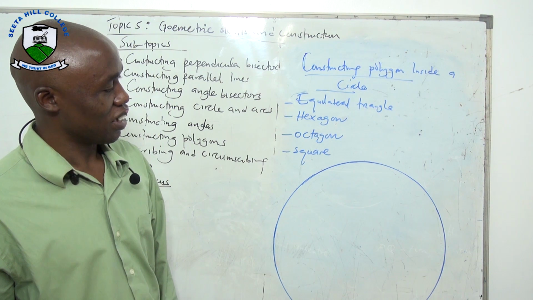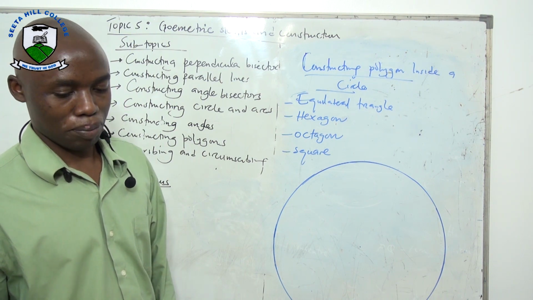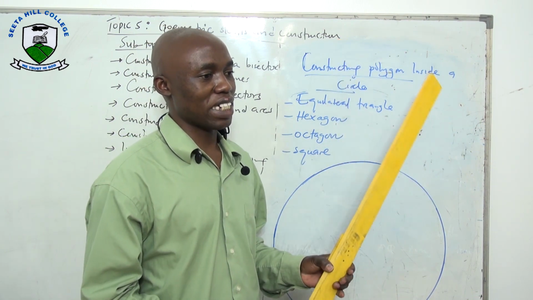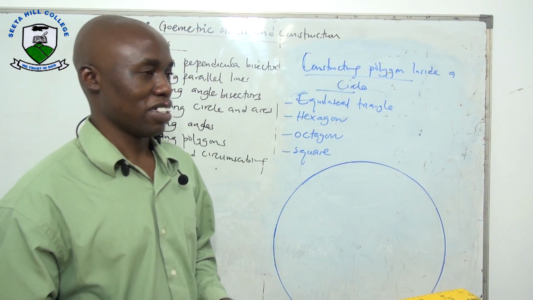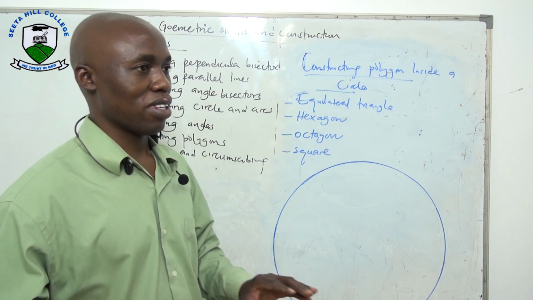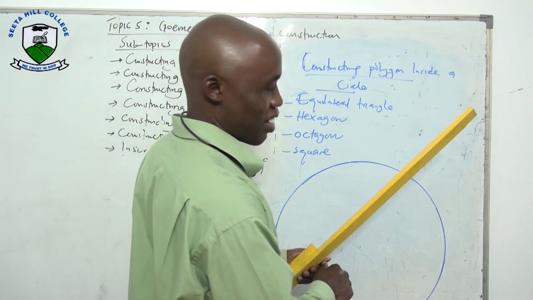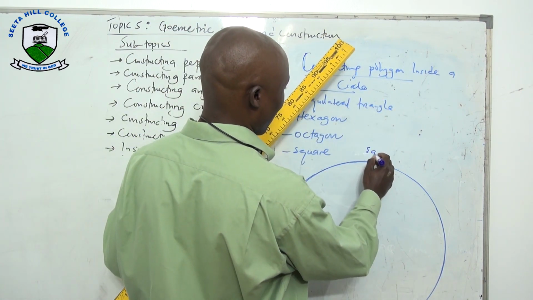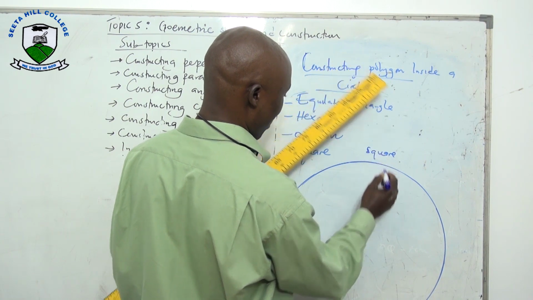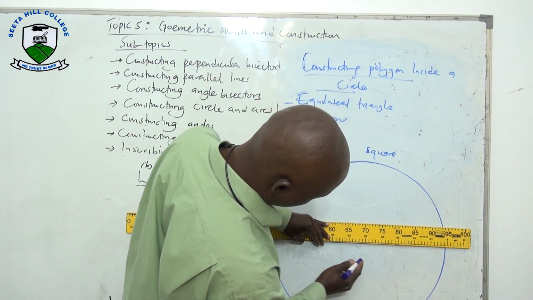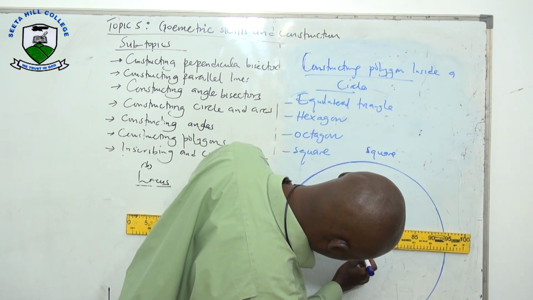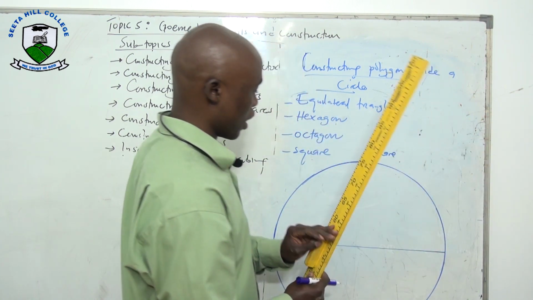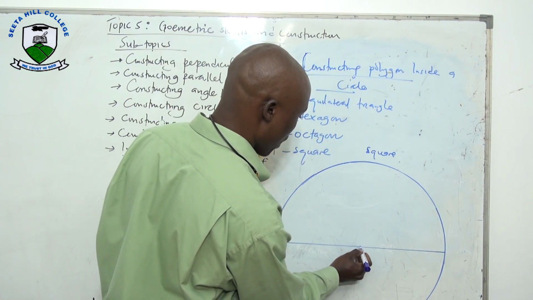Construct perpendicular bisectors inside there. The first thing I'm dealing with is a square inside there. I'm first putting my diameter from here, then construct a perpendicular bisector through this.